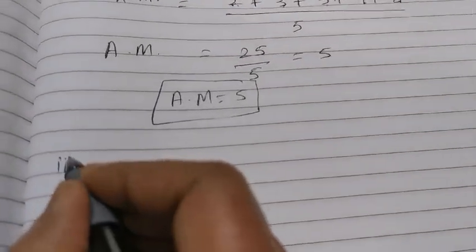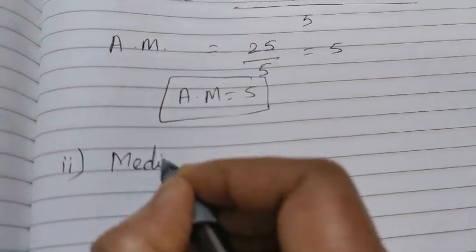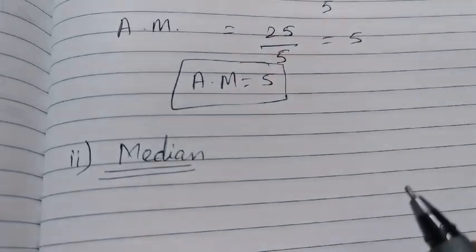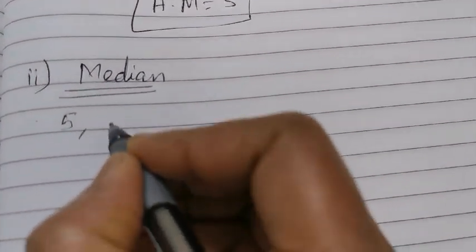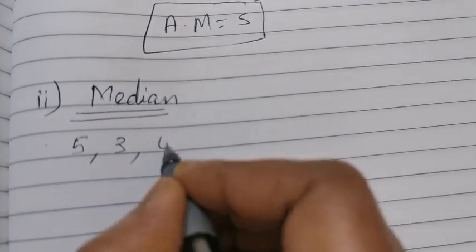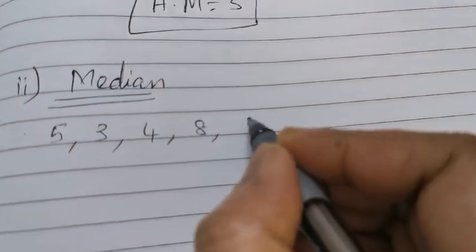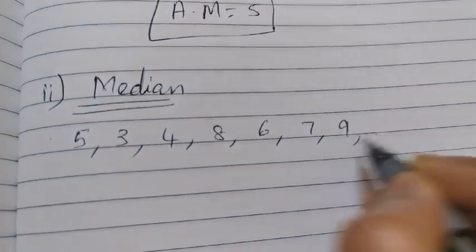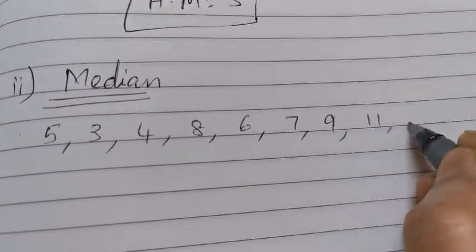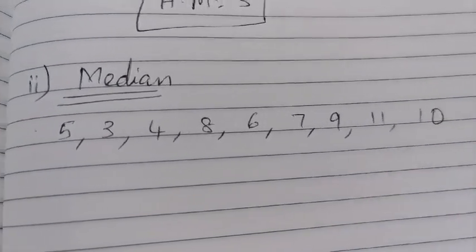Now, going to the second one, which is median. Okay. So for median, I have a set of data. My first set of data is 5, 3, 4, 8, 6, 7, 9, 11 and 10.